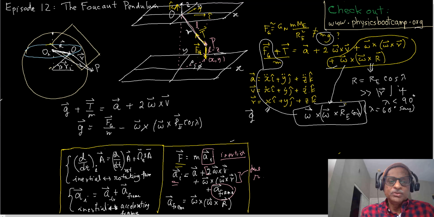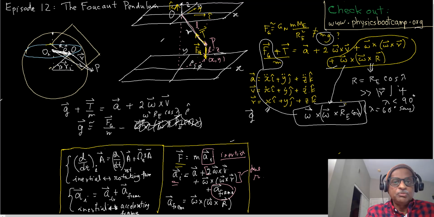So if I had this direction, let's call it rho hat, this whole thing is going to be approximately omega squared radius of Earth cosine lambda rho hat, and this will be along the center.